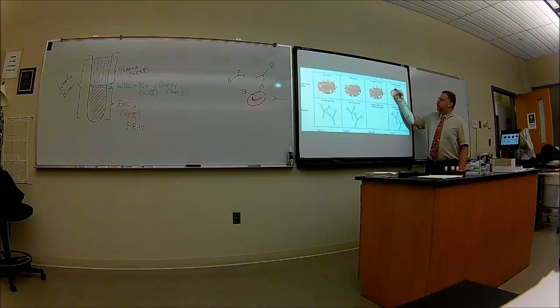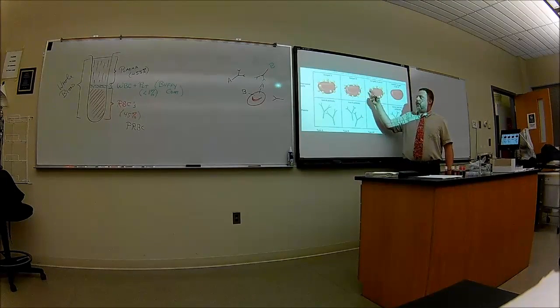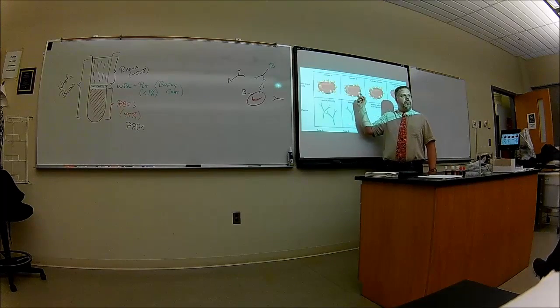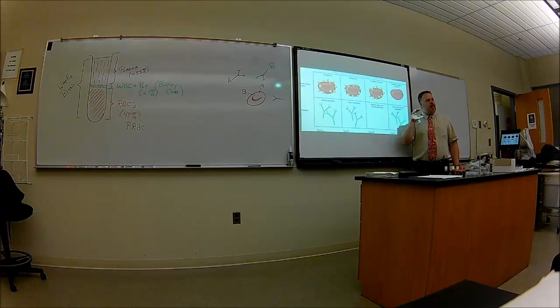Can I give these red blood cells to an AB person? Yeah. What about these red blood cells, B, to this person here? Sure. There's nothing that's going to destroy them. What about this over here? Mm-hmm. This is why blood type AB is the universal recipient.